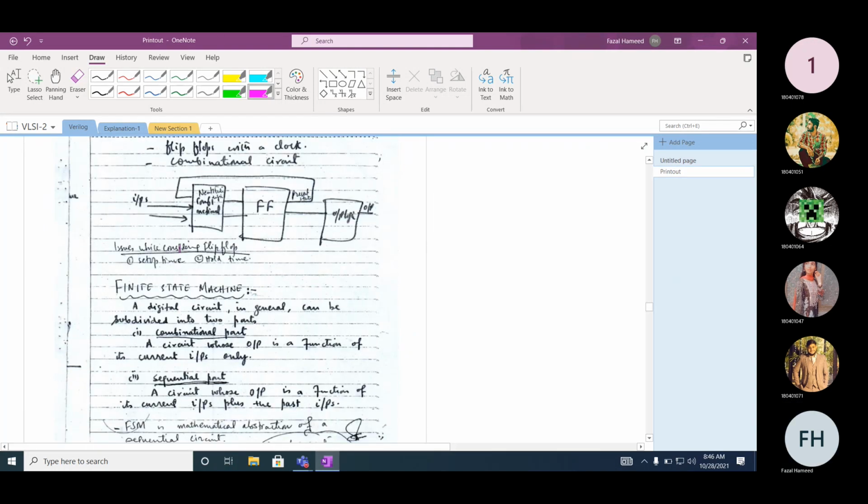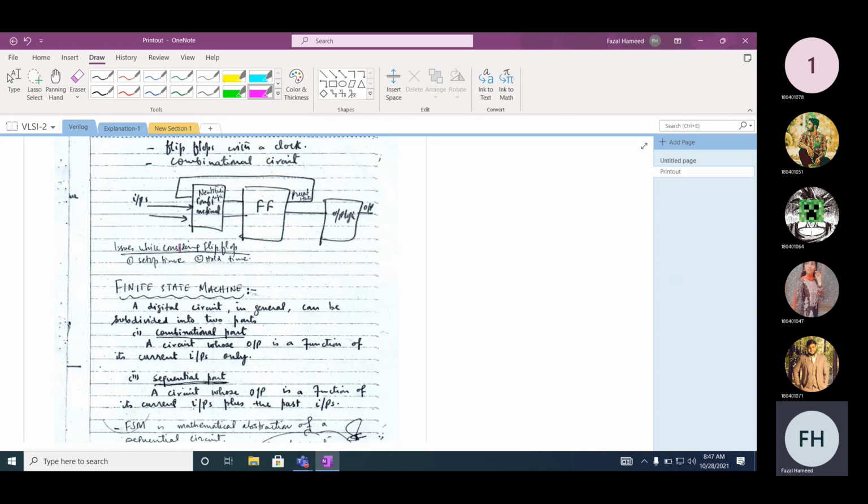Now, finite state machine. You may have studied this finite state machine in your digital logic design course. A digital circuit in general can be subdivided into two parts: combinational part and sequential part. And I also told you what the combinational part is and what the sequential part is. In the sequential part, the state is stored in flip-flops.